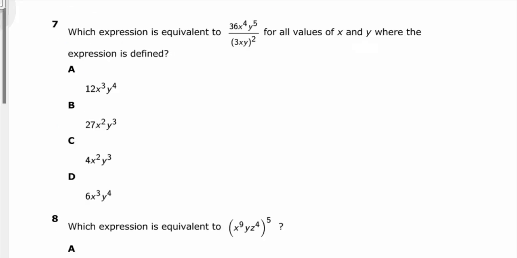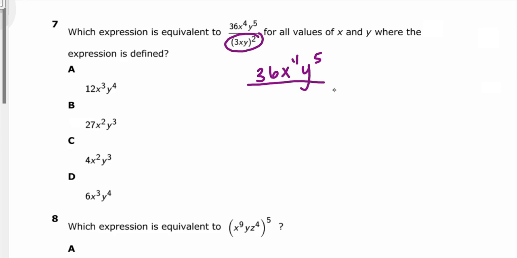Okay. Number 7, which expression is equivalent to the following for all values of x and y where the expression is defined? So I need to take care of this first, that power outside of my exponent. So I'm going to rewrite. The top is going to stay as is for now.